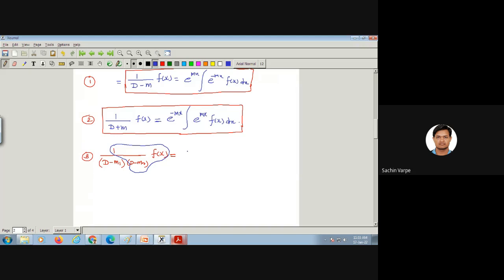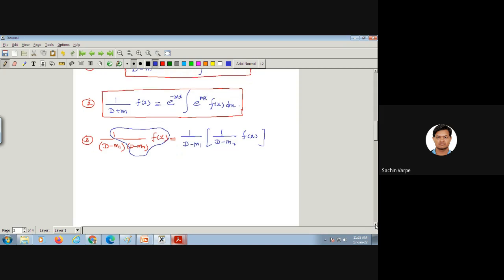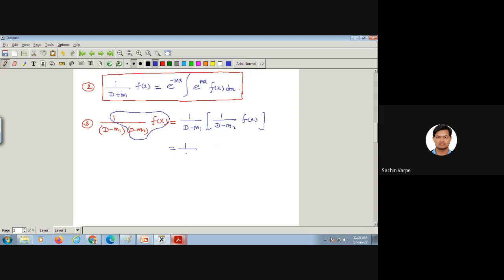Like suppose that is equal to 1 upon D minus m1, if I operate D minus m2, and then with the help of the first formula above, what I'll be getting, this is as it is, and inside here with the help of the first formula, e raised to m2x integration of e raised to minus m2x f of x dx, right?